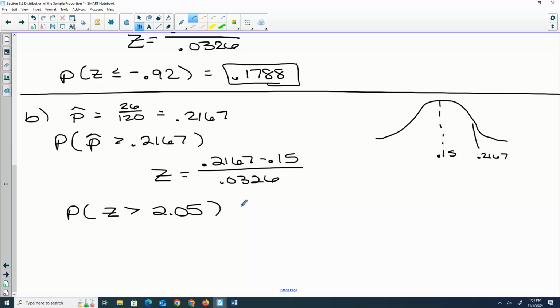Probability is greater than 2.05. Greater than is 1 minus 0.9798.